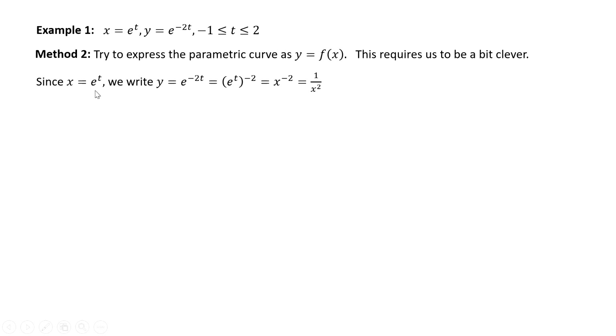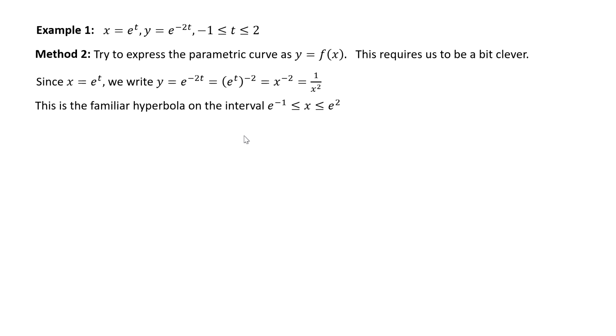So because x is e to the t, what if I try to write this y in terms of e to the t, as in e to the t, the quantity raised to negative 2? Then I can replace the e to the t with an x, so we get x to the negative 2, which is nothing but 1 over x squared. So y equals 1 over x squared is the graph that we actually drew there, but in a parametric way.